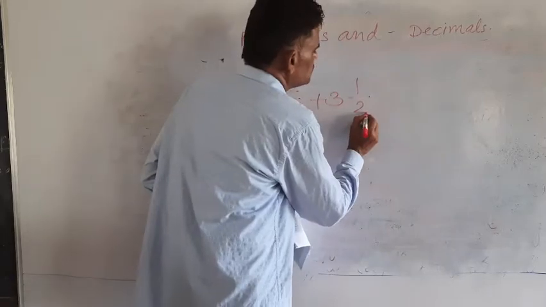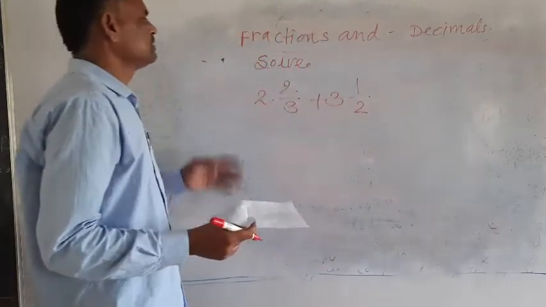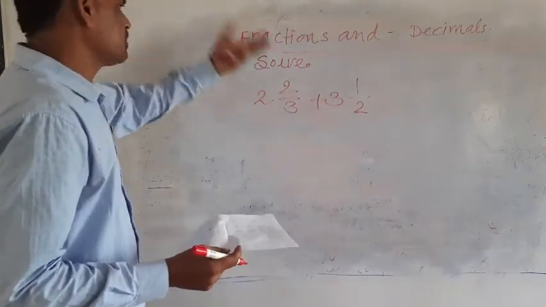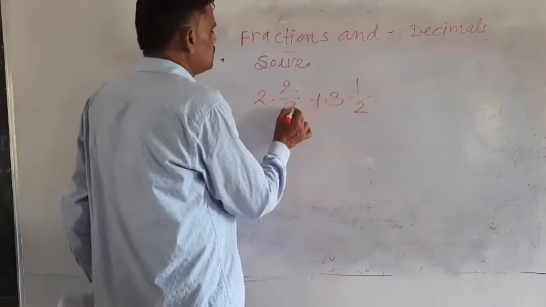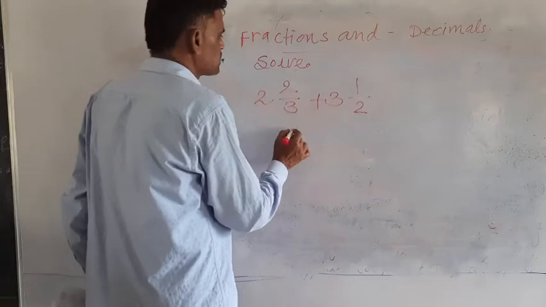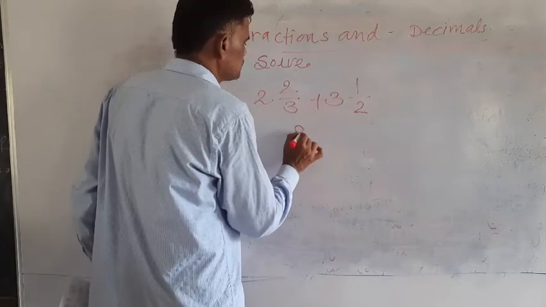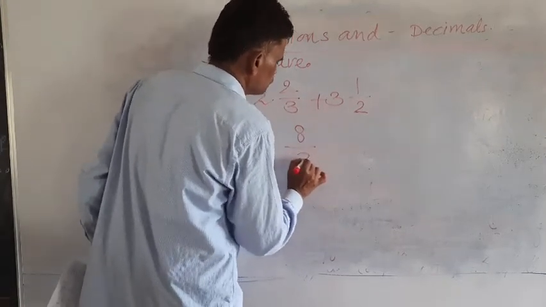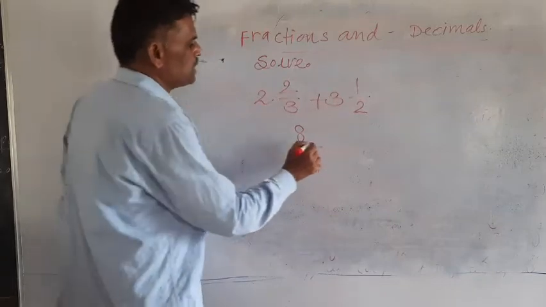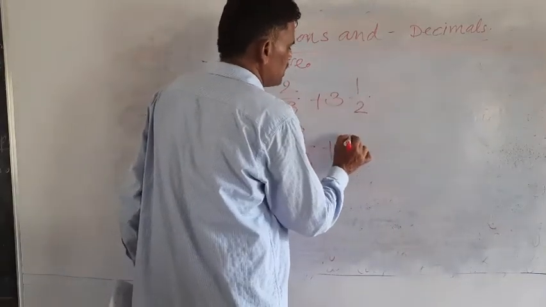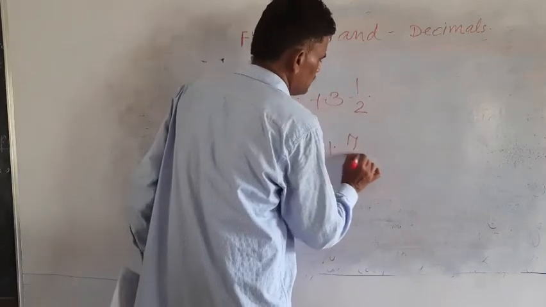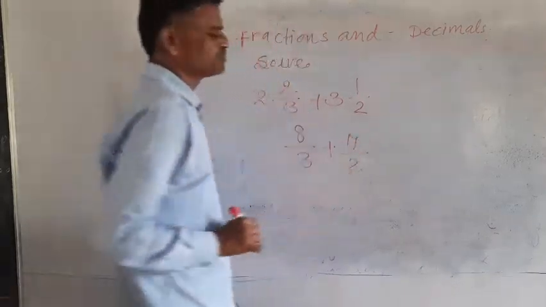You just see here, this can be converted into fractional form. 3 twos are 6 plus 2 is 8 by 3, plus 2 threes are 6 plus 1 is 7 by 2.